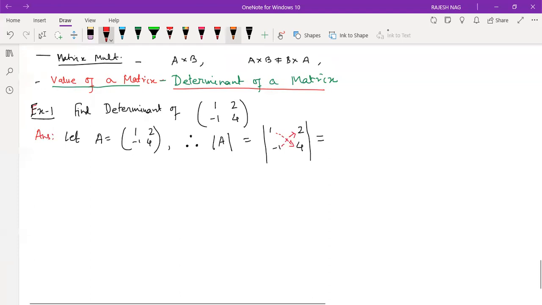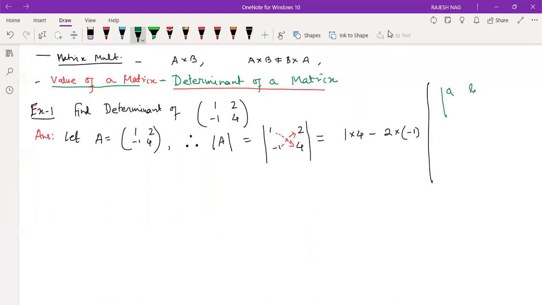1 into 4 minus 2 into -1. This is a simple calculation. If we try to find the determinant of A, B, C, D, we write AD minus BC.